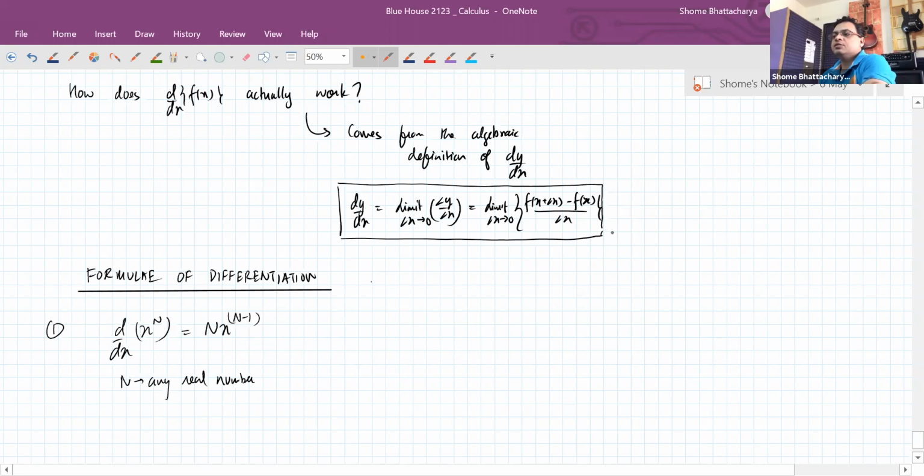This formula comes from an application of this kind of principle. Okay. So for example, if y is equal to x cube, then differentiation of y with respect to x, or rate of change of y with respect to x, will become 3 into x to the power 3 minus 1. So that will become 3x squared.